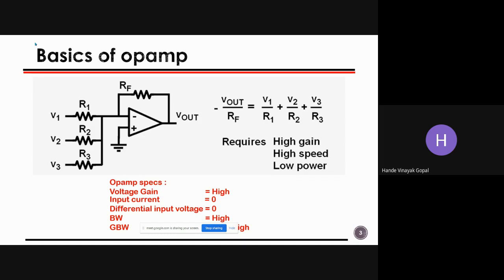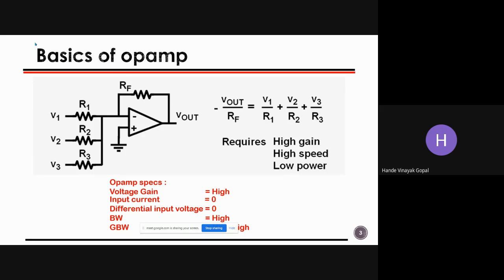But the equation which we have studied in the book has huge assumptions behind it, right? The first assumption is that the voltage gain is very, very high, because only then can I write this kind of simplified expression. Otherwise it is not possible, because if you remember the equation, closed loop gain is equal to open loop gain divided by 1 plus beta into open loop gain, right?